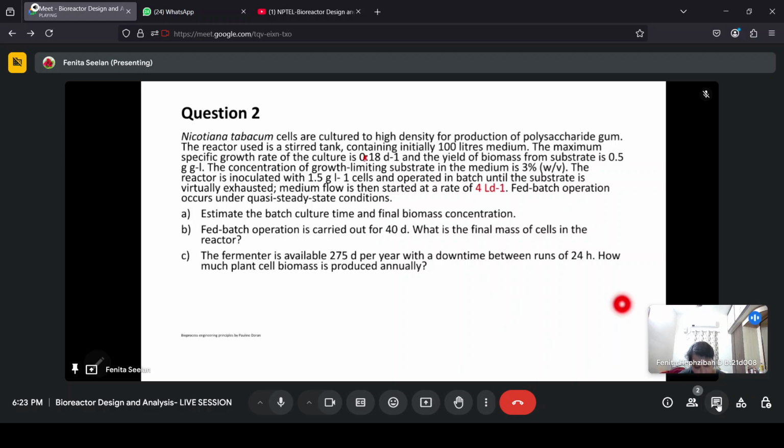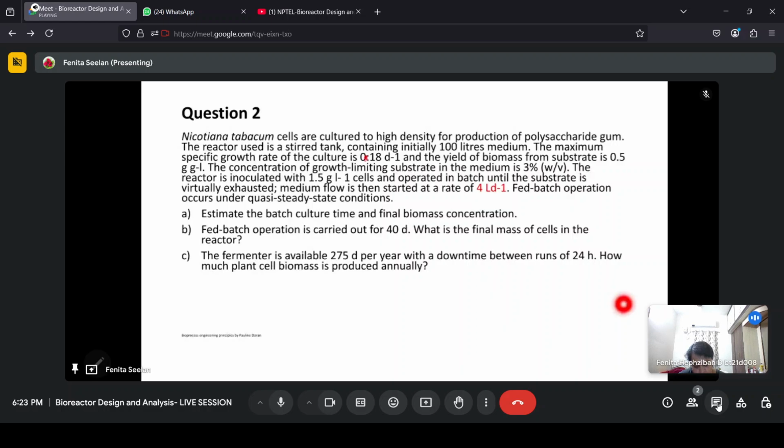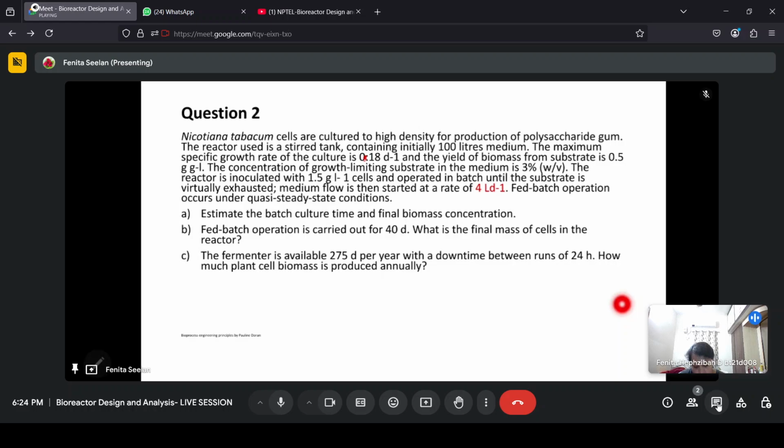The concentration of growth limiting substrate in the medium is 3%. The reactor is inoculated with 1.5 gram per liter of cells and operated in batch until the substrate is virtually exhausted. The medium flow is then started at a rate of 4 liter per day. The fed batch operation occurs under quasi steady state conditions.